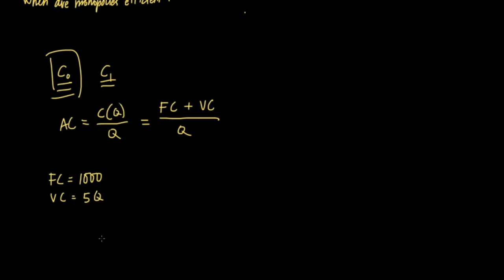Now, what is the average cost of this firm? If we substitute the values for FC and VC, we find that the average cost of our theoretical firm is equal to 1,000 divided by Q plus 5. Let's analyze this average cost. We can see that as Q increases, the average cost goes down, because Q is the denominator.